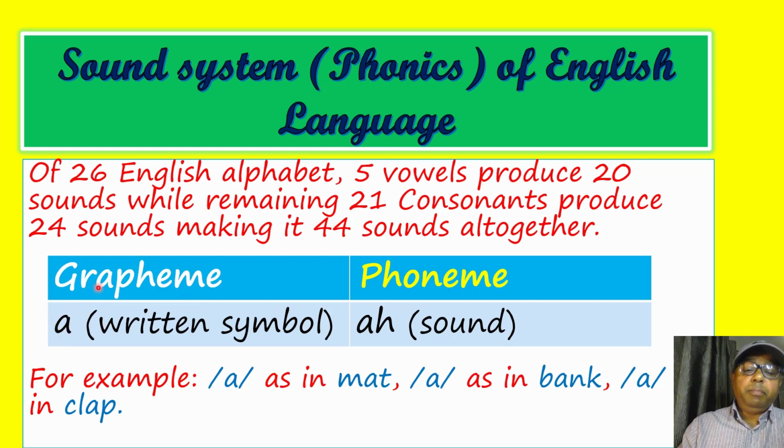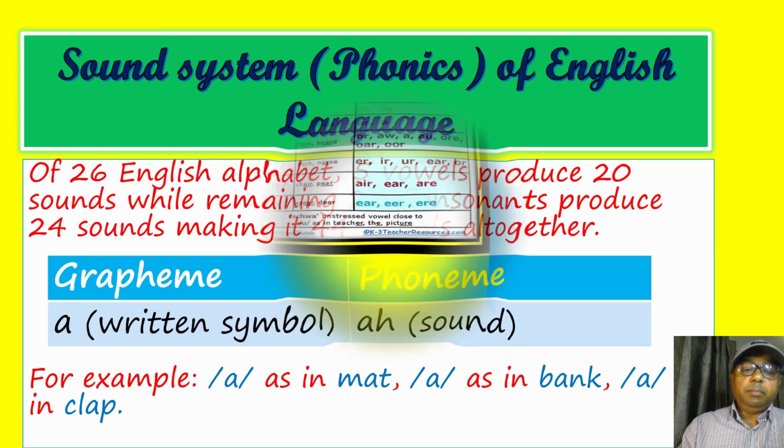A is the grapheme, and the sound that it makes is the phoneme, or the sound. I have also tried to show you how a sound is produced or used in phonics with two slashes and a letter in between. I'm going to talk more about it in the next slide.